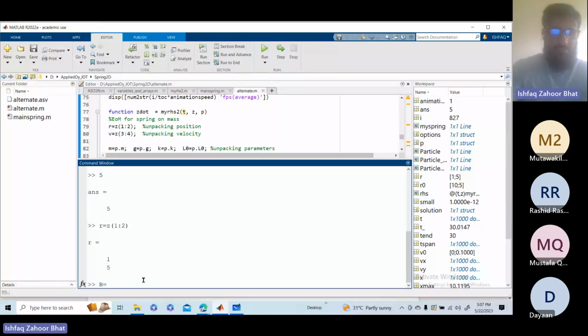Oh, what is happening? I don't know. It is not taking numerical values. I don't know what has happened. Either I have to restart my MATLAB, but that will take a long time. I will try again if I am able to.